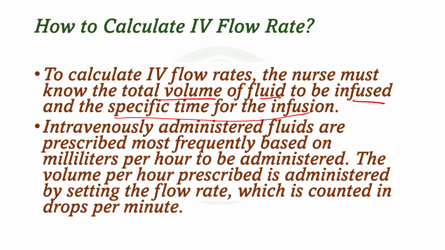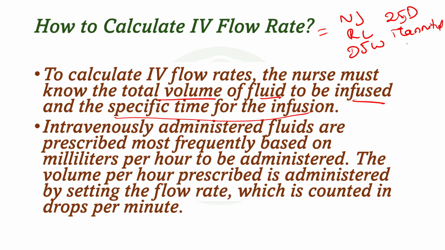Sometimes we will be using electronic methods to give IV fluids like normal saline, ringer lactate, dextrose in 5% water or dextrose in 25% water, right? NS, RL, D5W or 25D or mannitol. These are different types of fluids.